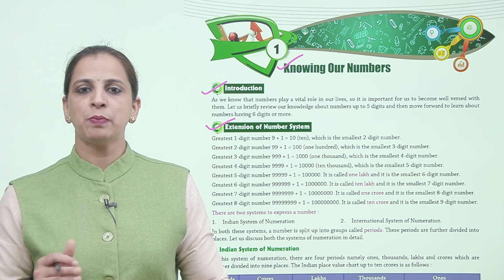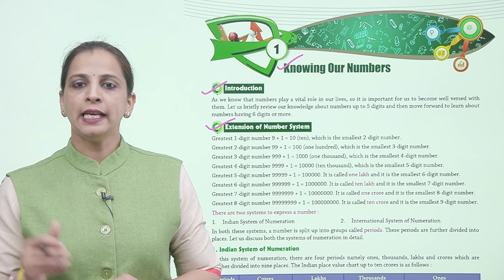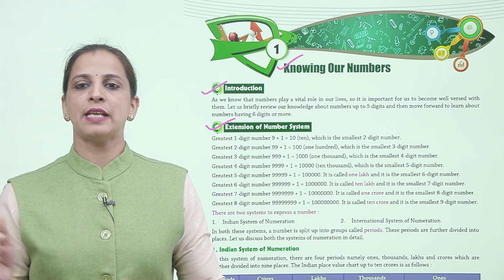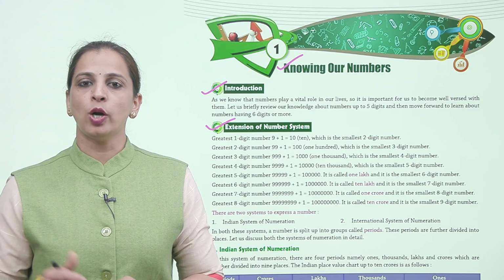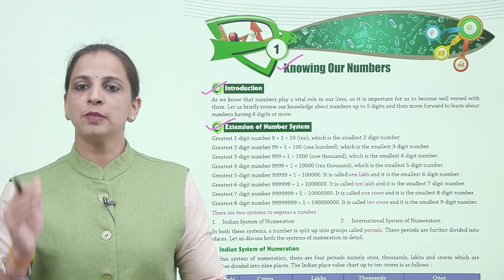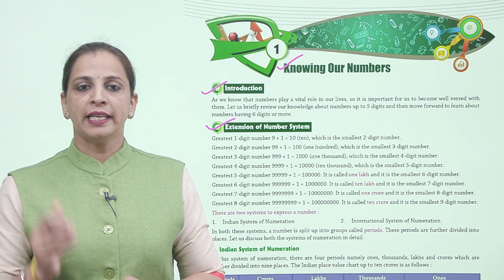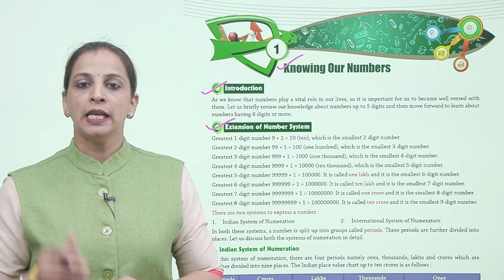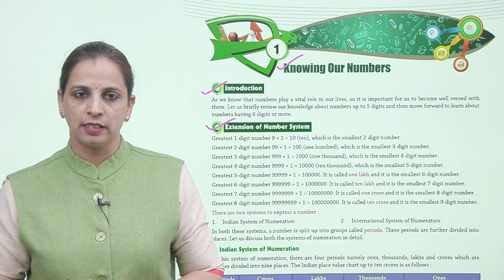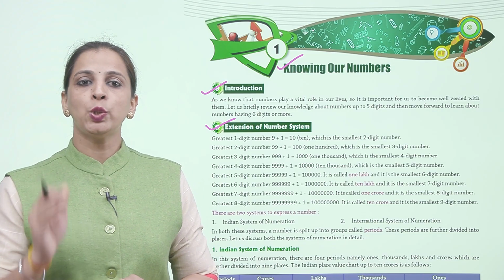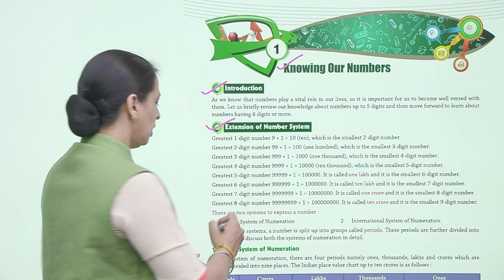Greatest 6 digit number plus 1 is called 10 lakh and it is the smallest 7 digit number. Greatest 7 digit number plus 1 is called 1 crore and it is the smallest 8 digit number. Greatest 8 digit number plus 1 is called 10 crores and it is the smallest 9 digit number. Now, there are two systems to express a number.